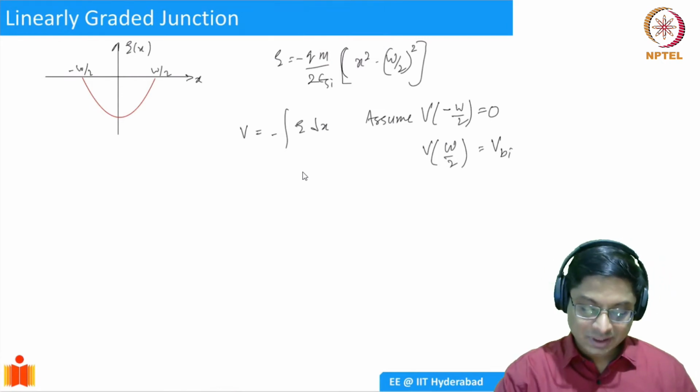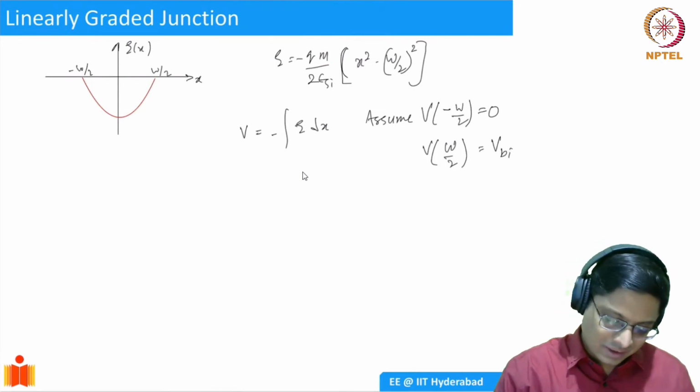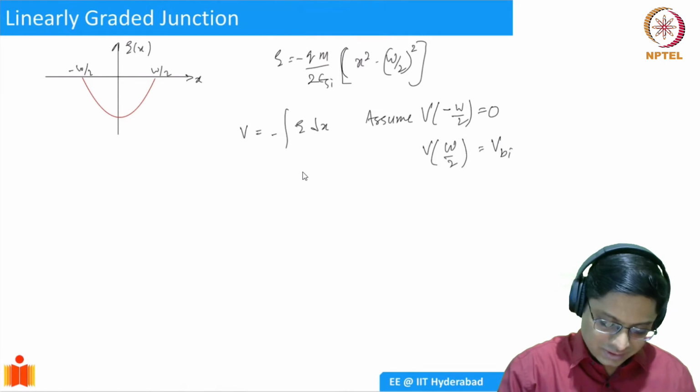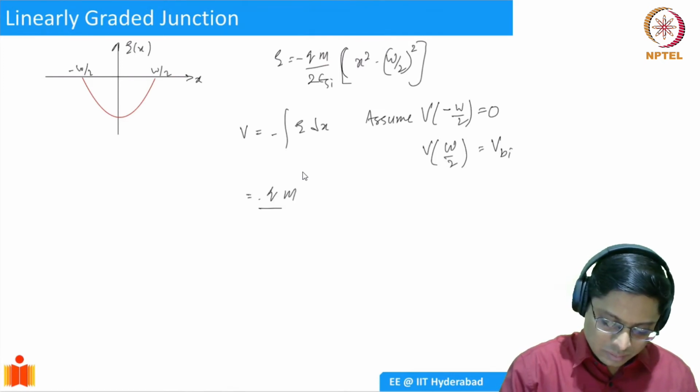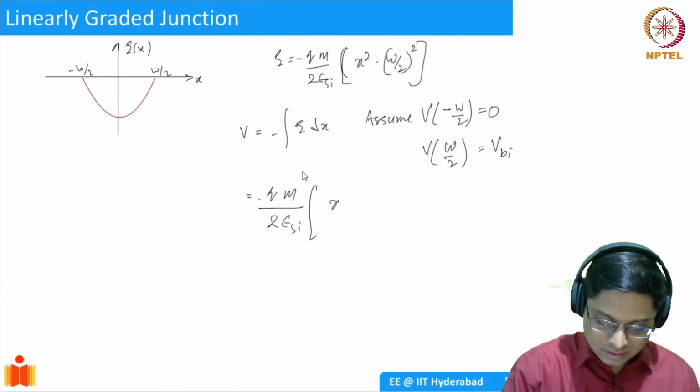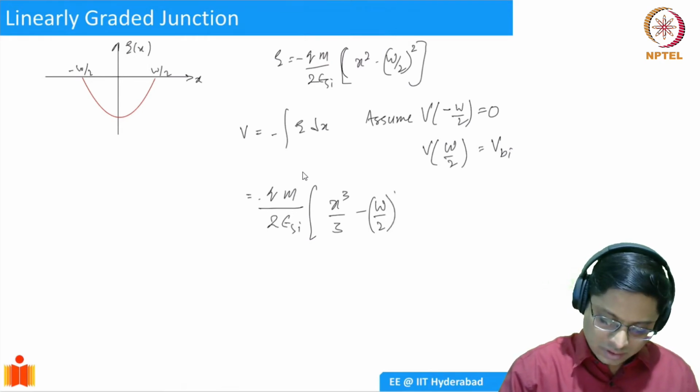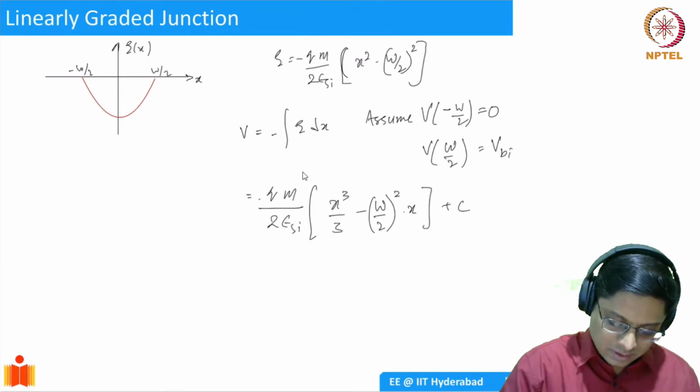So you can essentially write, this is Q M, minus and minus will go, by 2 epsilon silicon, and then x cubed by 3 minus (W by 2) whole square into x plus C. This is V of x.